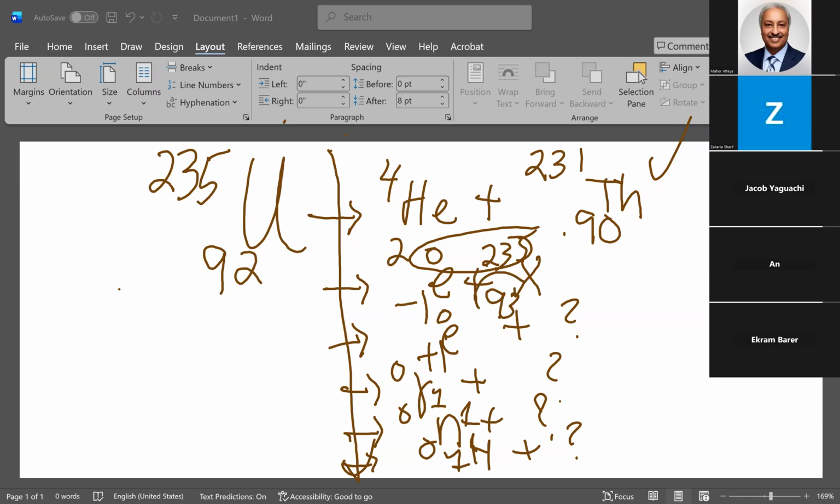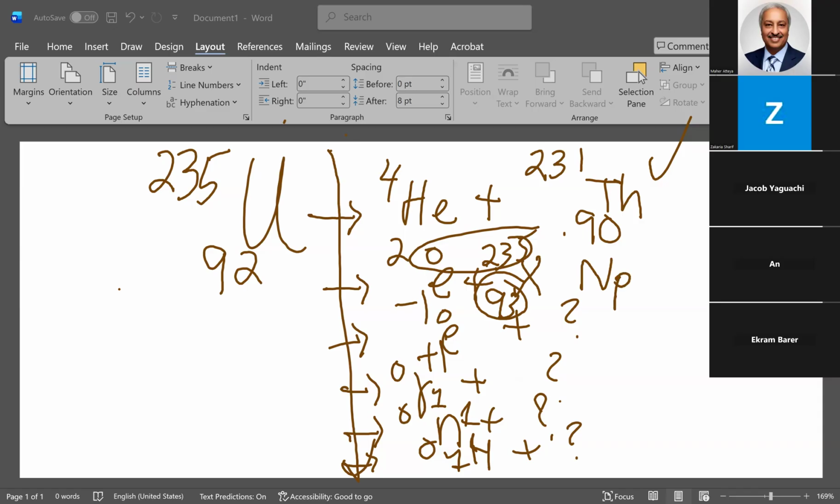So what is the element at the periodic table that carries the number of protons, 93? Which one, guys? 93? Neptunium, Np. Capital N and P.